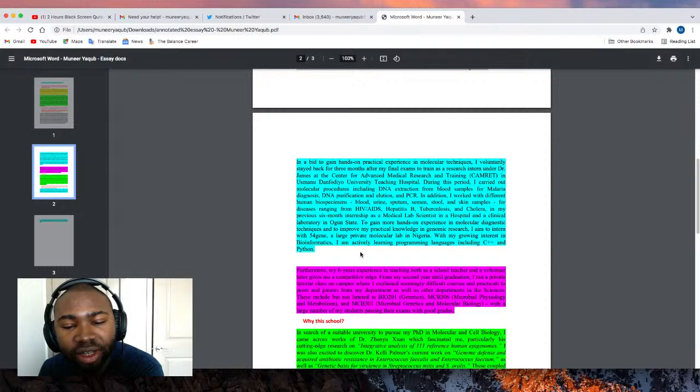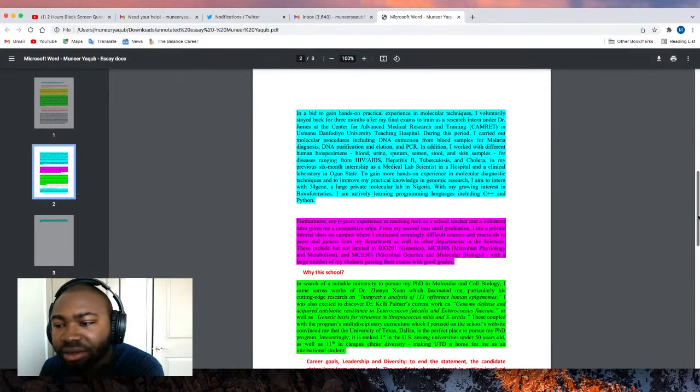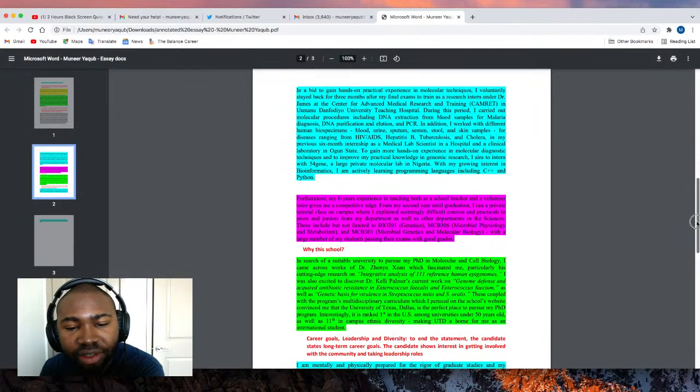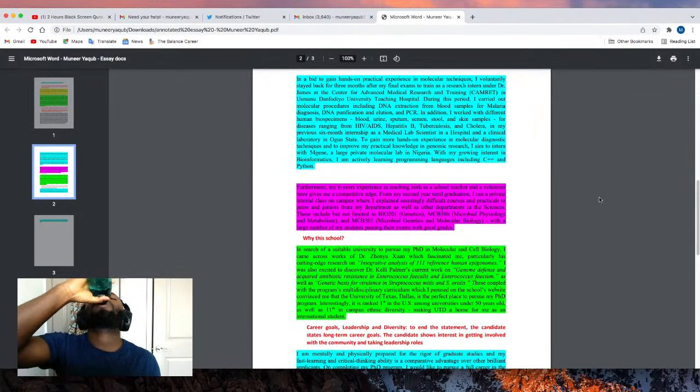So I felt I should put it here that even though I don't have that much experience in tech, I'm currently and actively learning those programming languages. I think that gave me an edge over the competition. So I think that's the third paragraph. No, the fourth paragraph.